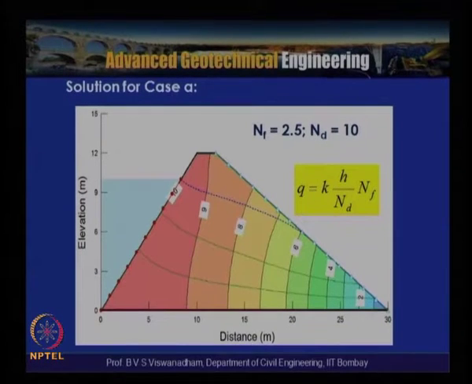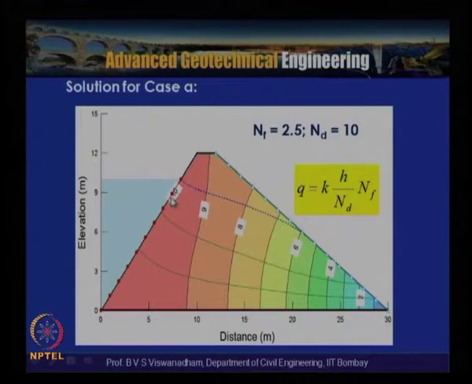So the flow net which is constructed as the solution for the problem with the homogeneous section, case A, is shown here, wherein you can see that this is the line of seepage, the topmost flow line, and this is the next flow line, and then this is the next flow line. So here we have 1, 2 and 2.5: the number of flow channels is 2.5 and the number of potential drops is 10.